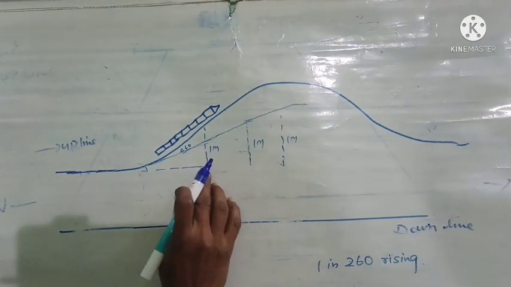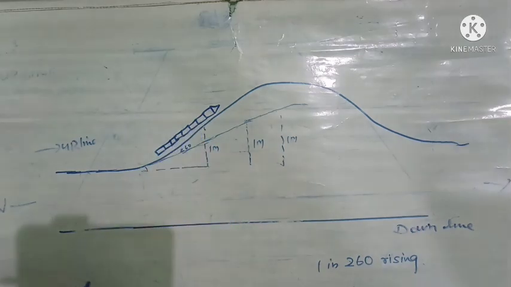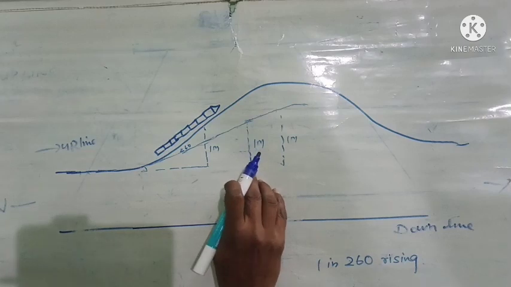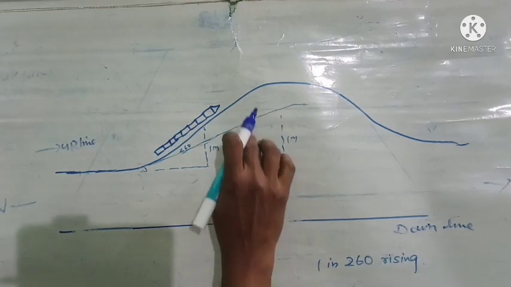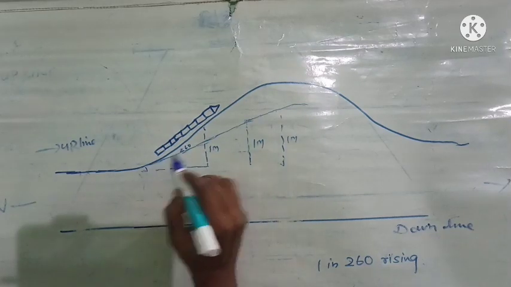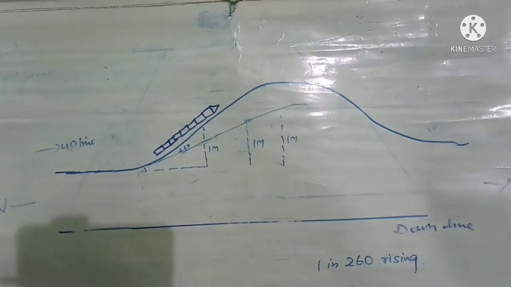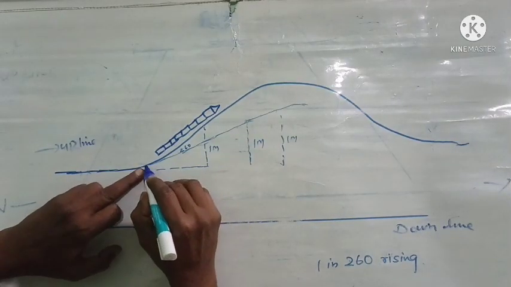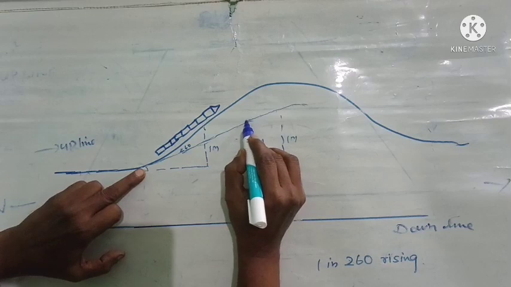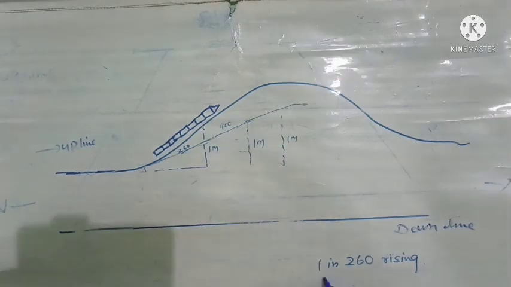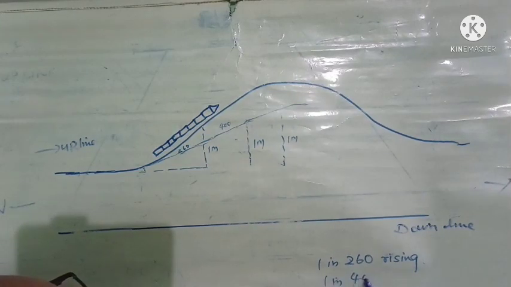Here from this place the track is not 1 meter height, whereas from this spot, the track is 1 meter high. So what will be the distance here? Suppose you take it as 400 meters. From this plain area to this 1 meter spot, it is 400 meters. Then we will say it is 1 in 400 rising gradient.